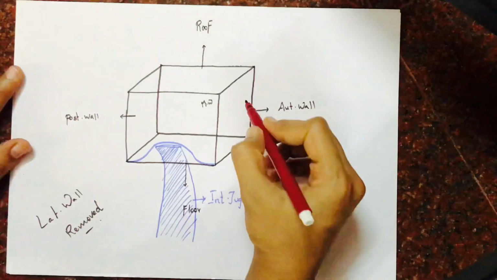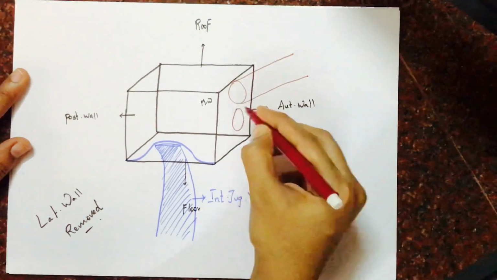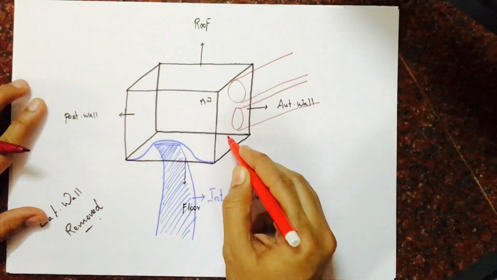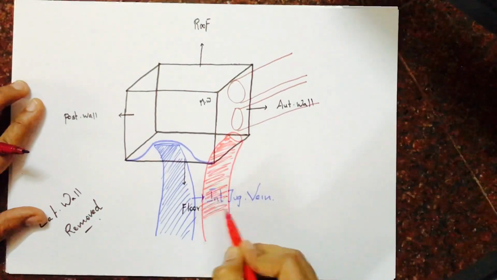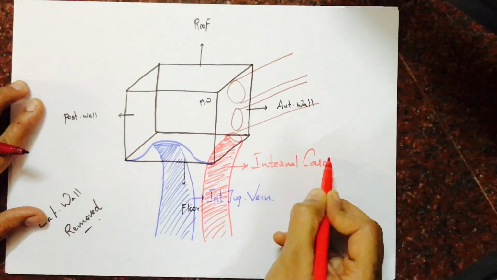Moving on to the anterior wall. In the anterior wall we have two tubes, one below the other, and beneath them the lower part of the anterior wall is related to the internal carotid artery.